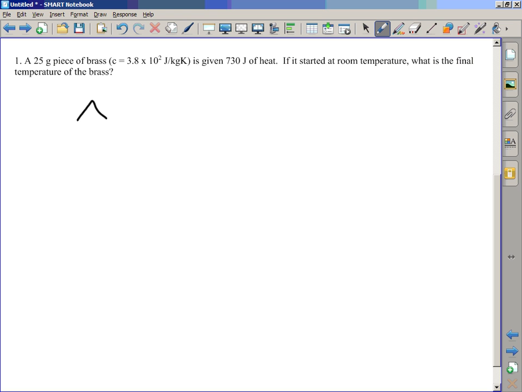So Q equals m c delta T. It's given 730 joules, mass 0.025. Check that out, I must convert to kilograms.